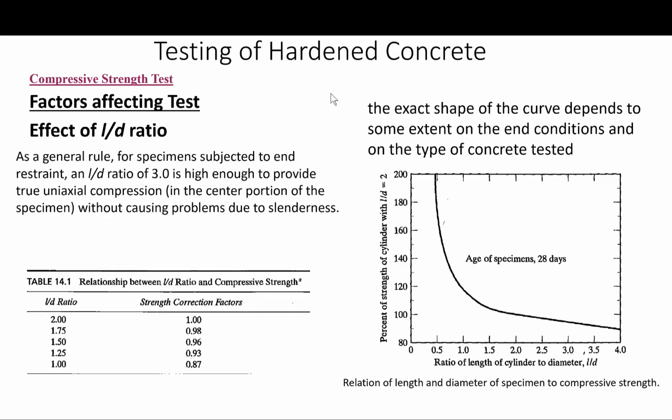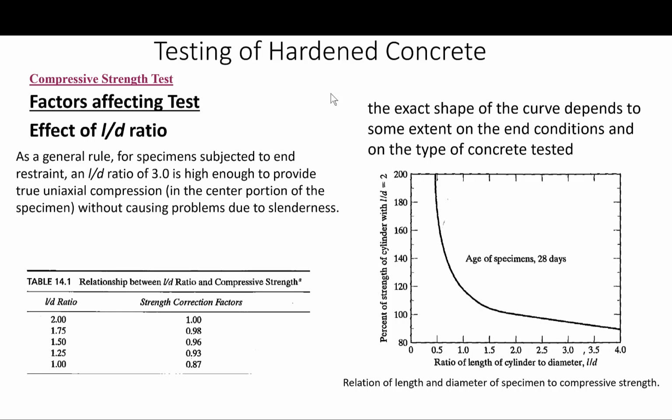The effect of the length to diameter ratio is particularly significant when tests are carried out on drilled cores. Sometimes we do not only test compressive strength on newly cast specimens; sometimes we drill cores from an existing structure in order to evaluate it. So the effect of L over D is more significant in the case of drilled cores.